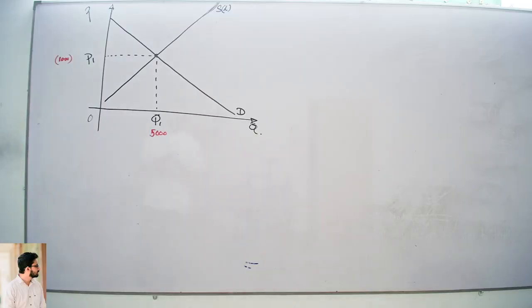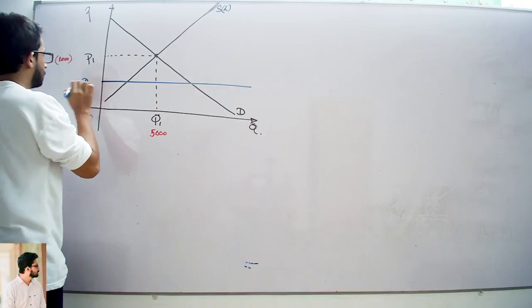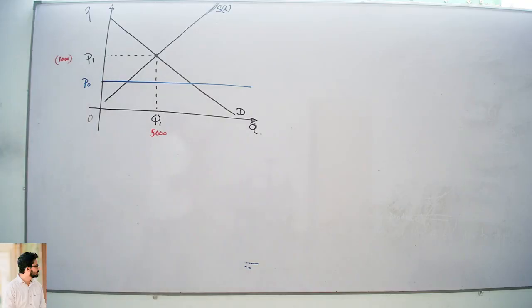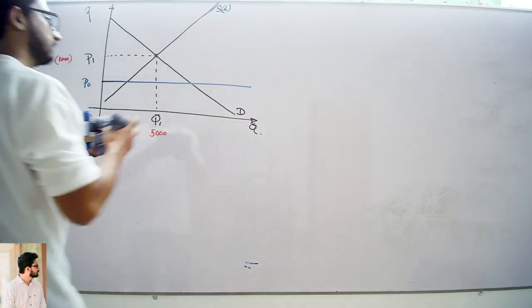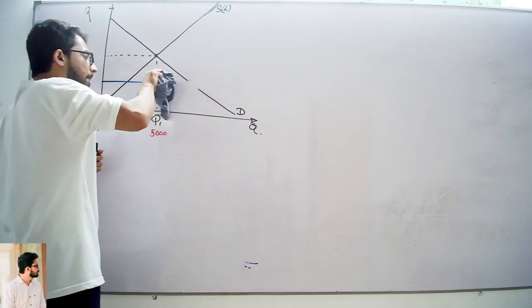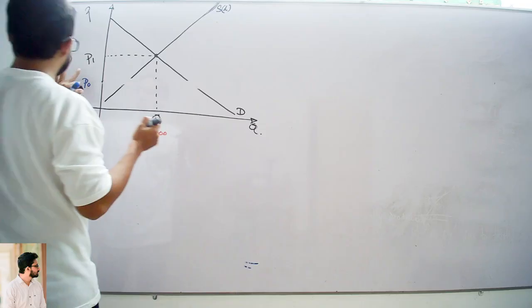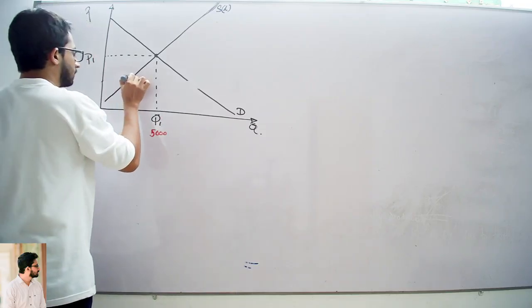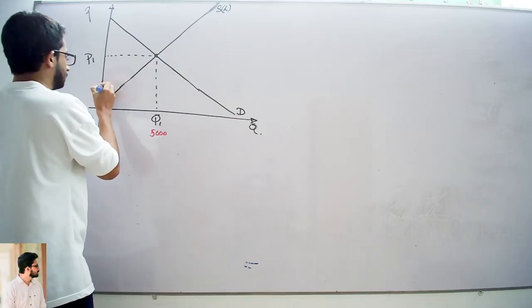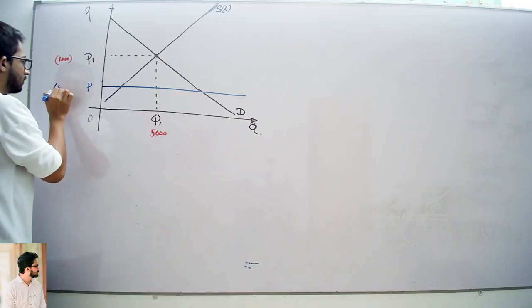Buddha, this is the supply curve of imported goods. Let's say P naught, assume the P naught price is, let's say, 600 rupees.